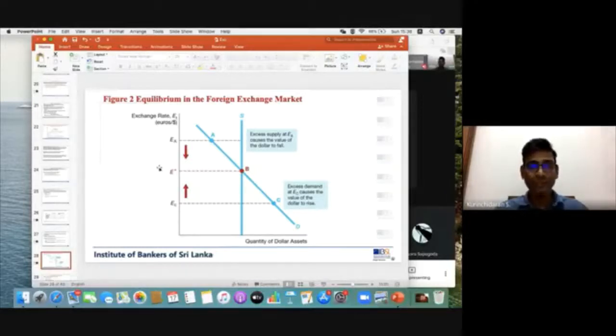It's between the supply of domestic assets and the demand for domestic assets. Based on that, the equilibrium exchange rate is determined, right? When you say domestic assets, you think of dollars. Clear? Okay.